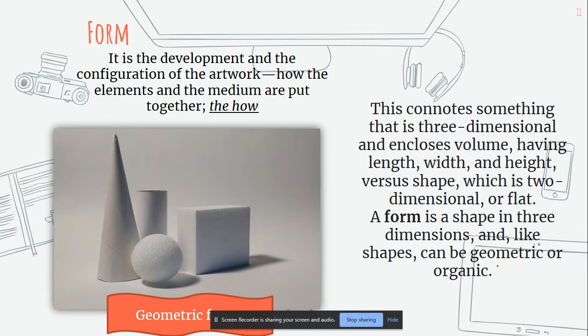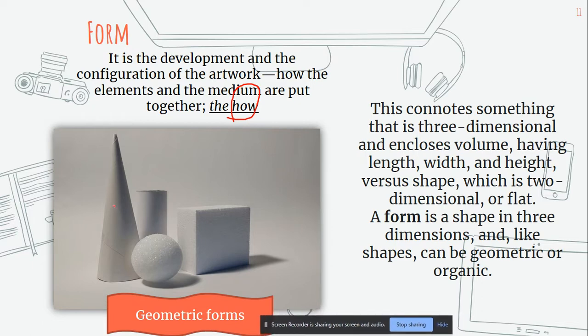It is the development and the configuration of the artwork, how the elements and the medium are put together. So it asks the question how. So it's about the geometric forms, like shape. Shapes could tell something too.